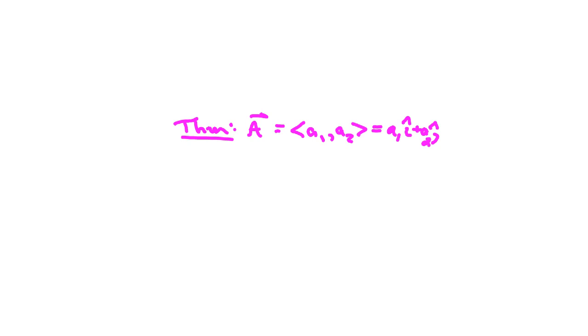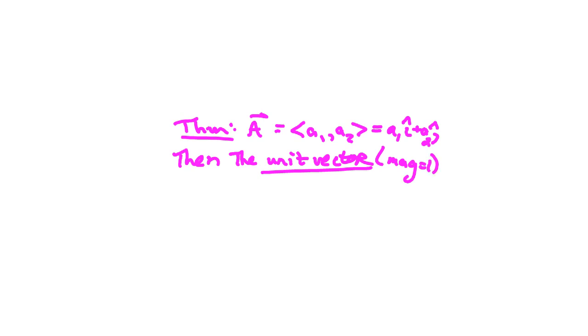Then we're going to look at the unit vector in the same direction as a vector. Okay, the unit vector, what's that mean? Magnitude equals 1. So a unit vector has a size of 1. A vector had a size of 5 in my example, right? But a unit vector is going to be in the same direction and have a magnitude of 1.